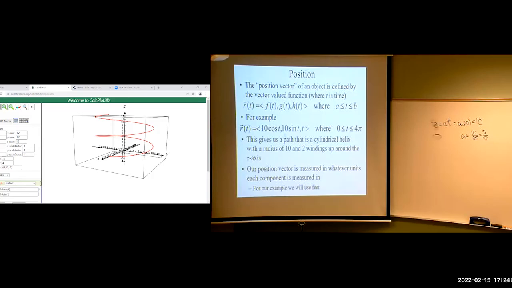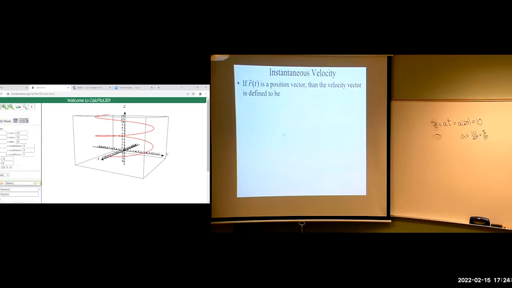After we talk about position in Calc 1, we talk about instantaneous velocity. Remind me, if we have a position function, how do we find the instantaneous velocity? The derivative, right? So for a vector valued function, all we do is find the derivative of each component. Once again, that's what's cool about the stuff we're doing today.